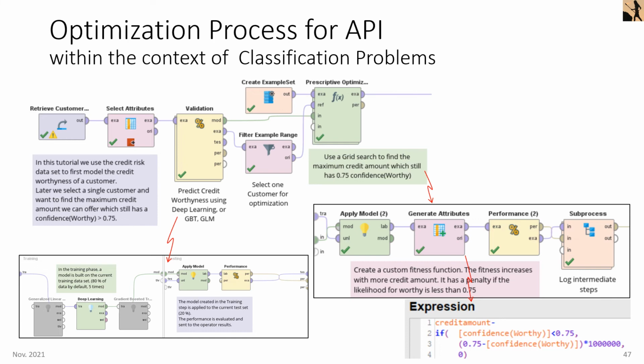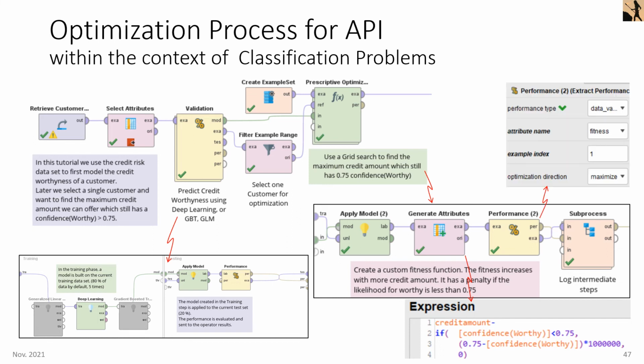We just set it so that once we are still floating above this 0.75, it's perfect. But if it's below 75, we will incur a lot of penalty, so we will not go down there, right?